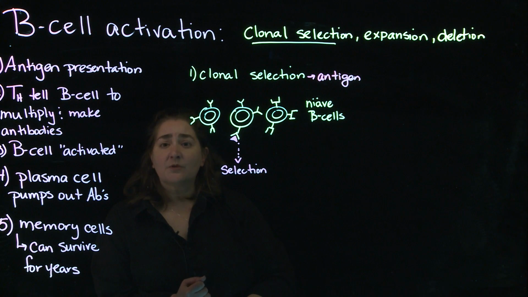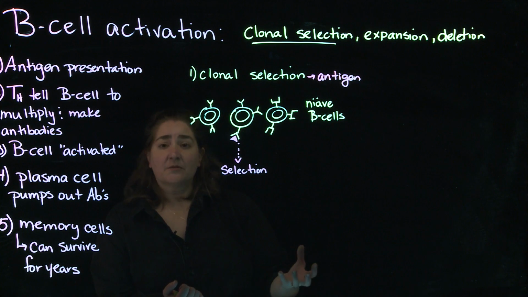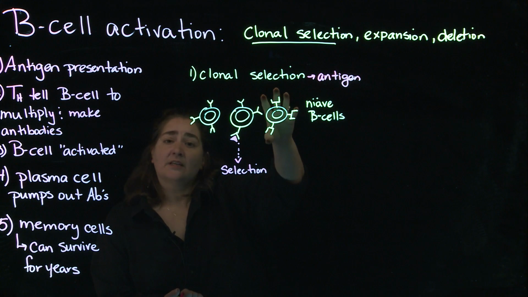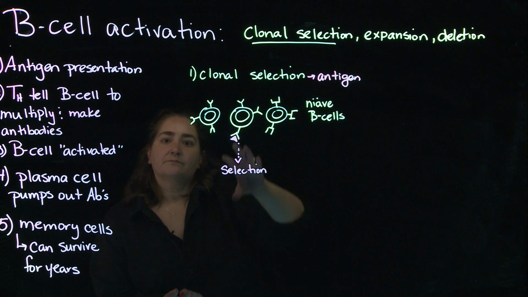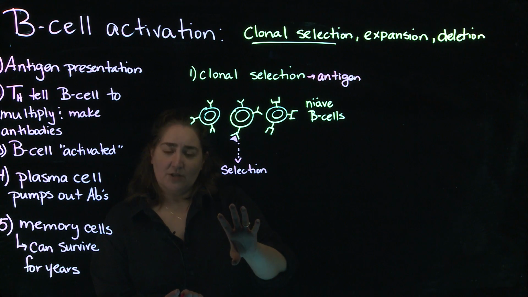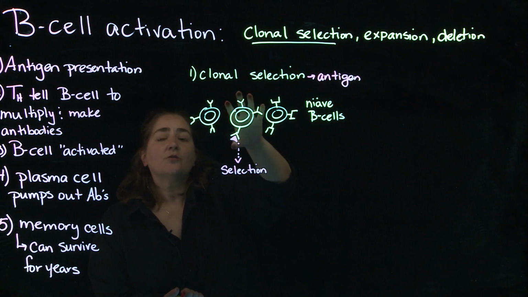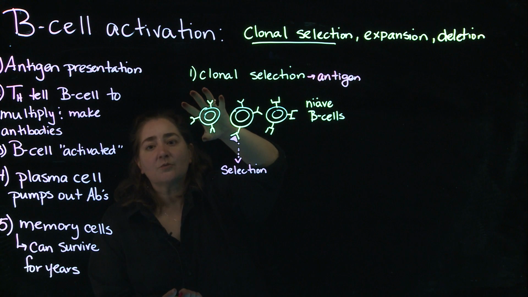So the clonal selection is really from the pool of B cells that you have. In terms of your immune system, you have hundreds and thousands of B cells floating around in your bone marrow. Some of them are still naive because they haven't encountered antigen yet. Those that have encountered antigen are going to go through the maturation process and activation process. All right? So clonal selection means essentially what you've got there in your bone marrow.